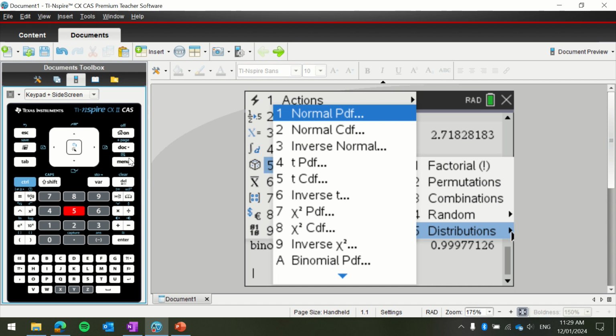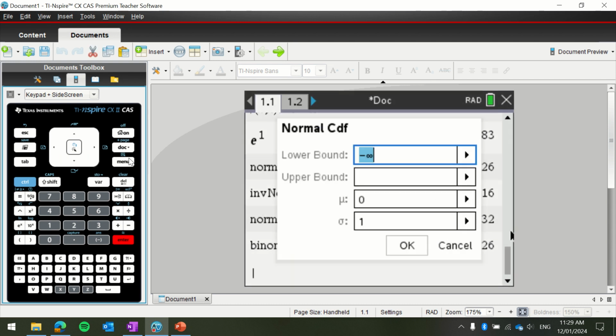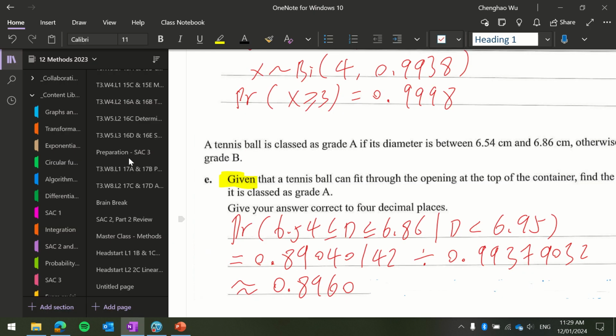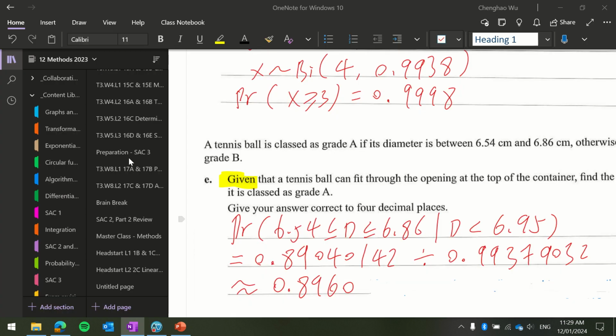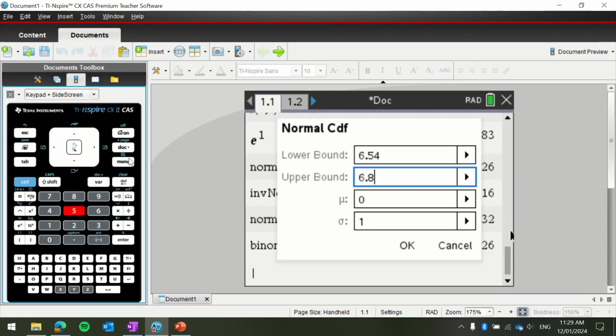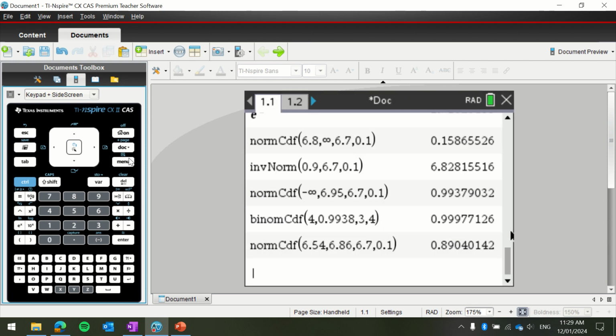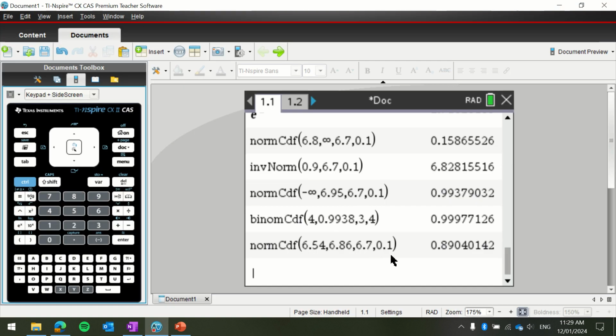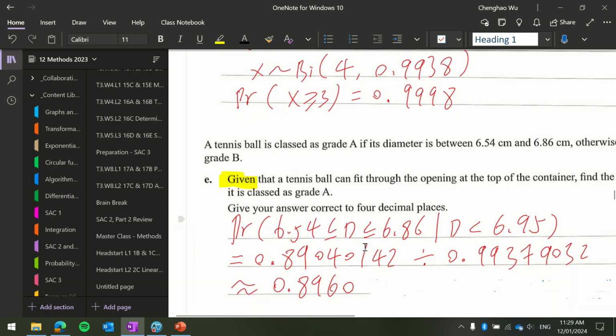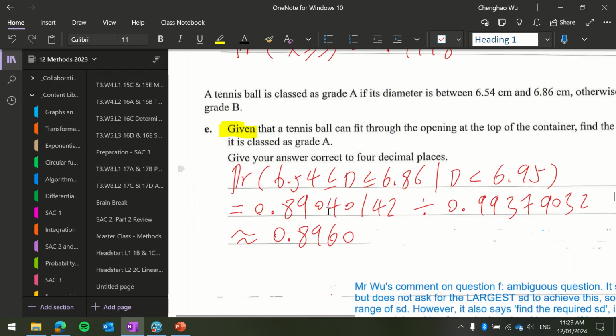So that's a calculation on the calculator. So this normal CDF, 6.54, 6.86, then 6.7, 0.1. So that's where the 0.890401 came from. And I have written down a lot of decimal places because you only round, and please do this, you only round at the very end.